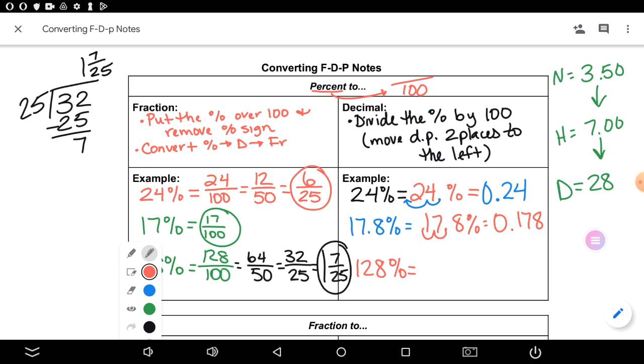Lena? Behind 8. Yeah, that 128% is saying 128.0%. So this one I have to place it, and then I have to move it 2 times to the left. Show your loops. 1, 2. So my decimal would be 1.28. And just like the mixed numbers, if your percentage is over 100, your decimal will be greater than 1.